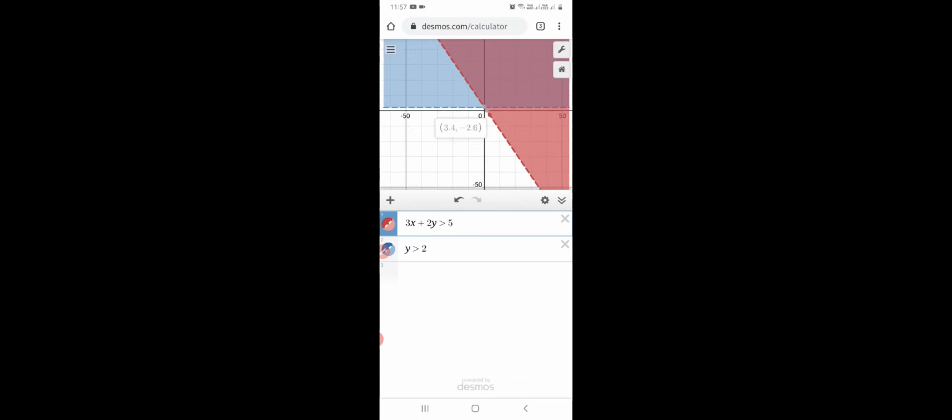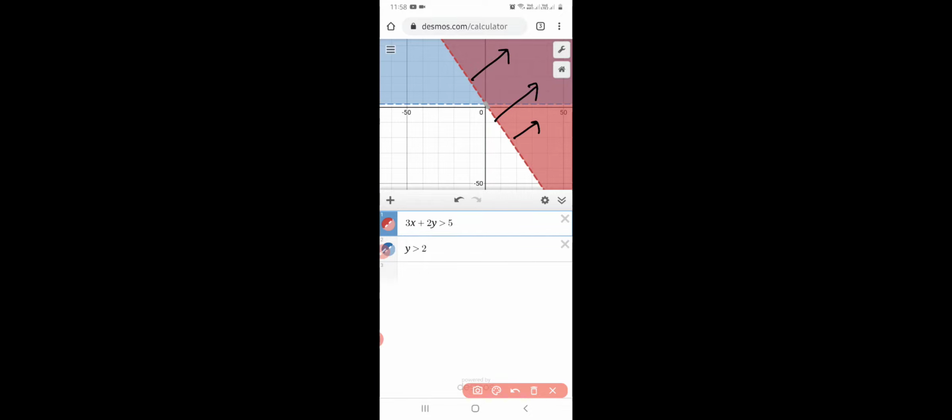So now let us understand how the solution of two simultaneous linear inequality works. See here, 3x plus 2y greater than 5 is represented by this area, this whole area, and y greater than 2 is represented by this area, right?